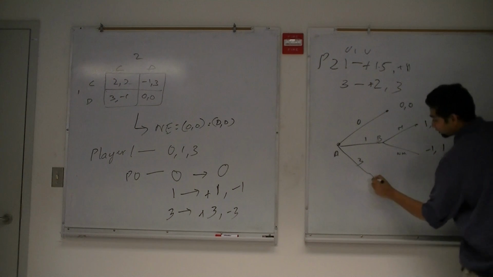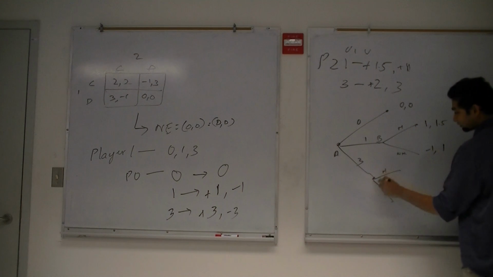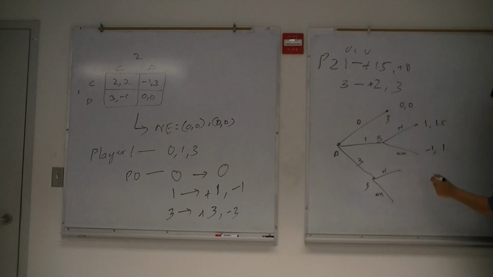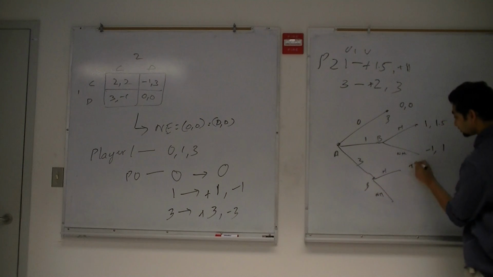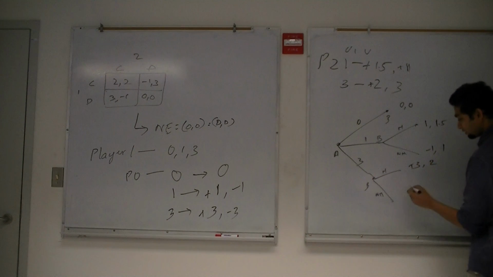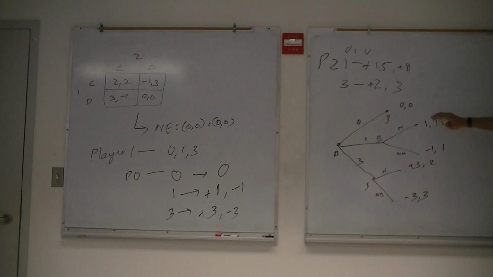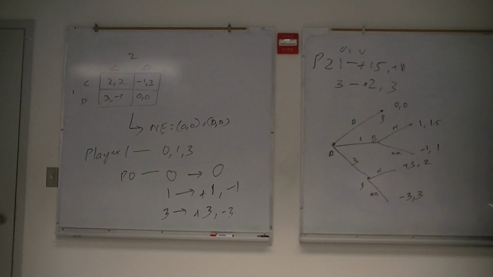And this one is the same for a match, with payoffs of 3 and 2, and -3 and 3. So this is basically how sequential games are shown in the form of a tree. This is kind of self-explanatory.